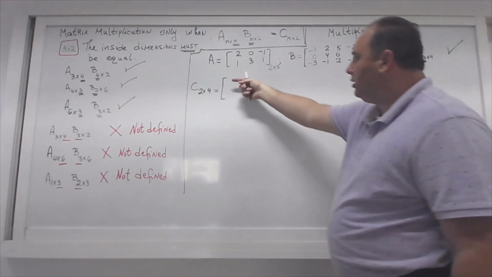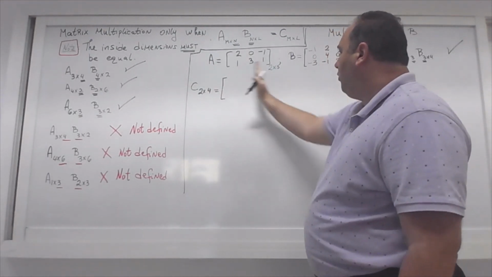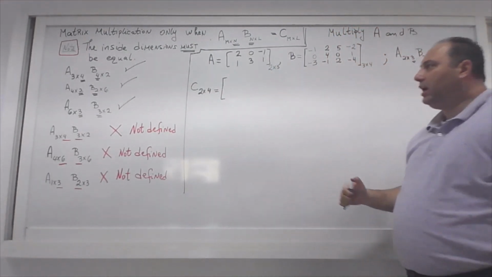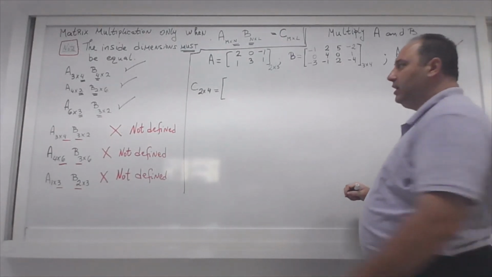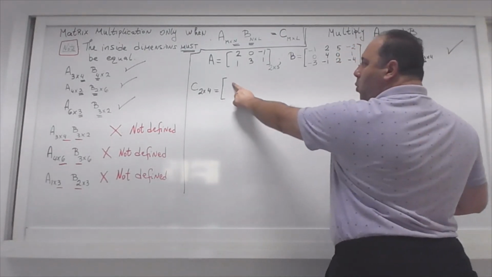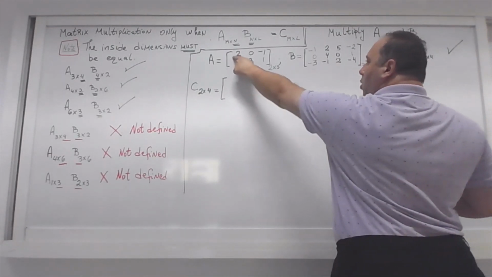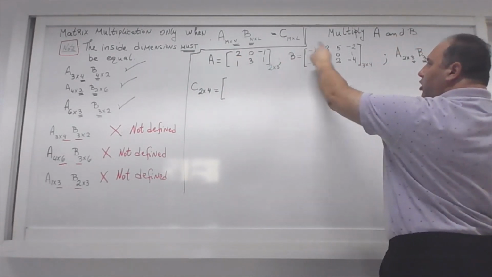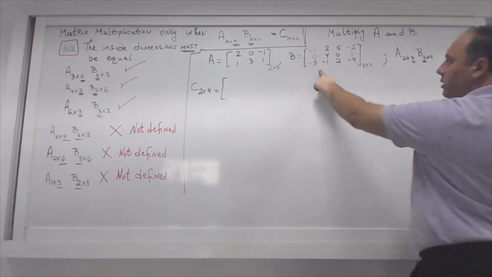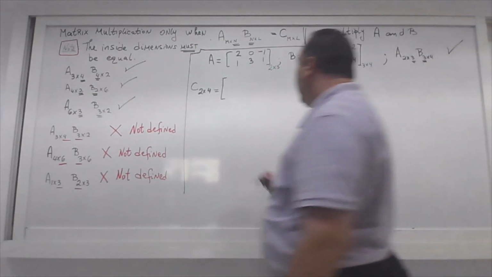I know that this matrix will have 2 rows and 4 columns. So I would like to fill each entry one at a time. To fill entry 1, 1 of the new product matrix, I need to take row 1 from A, dot product column 1 of B. So that's what we are doing actually.